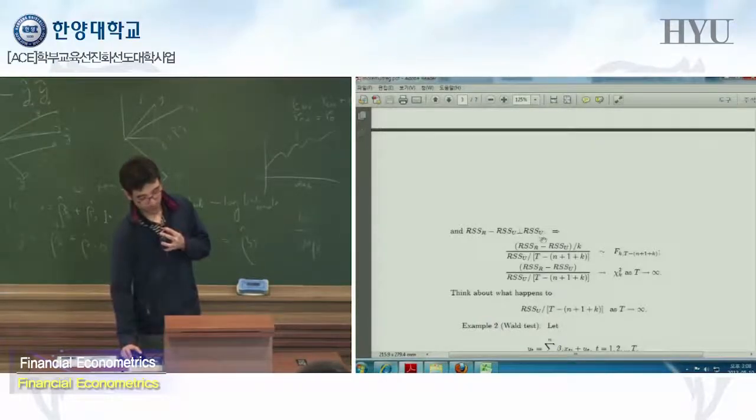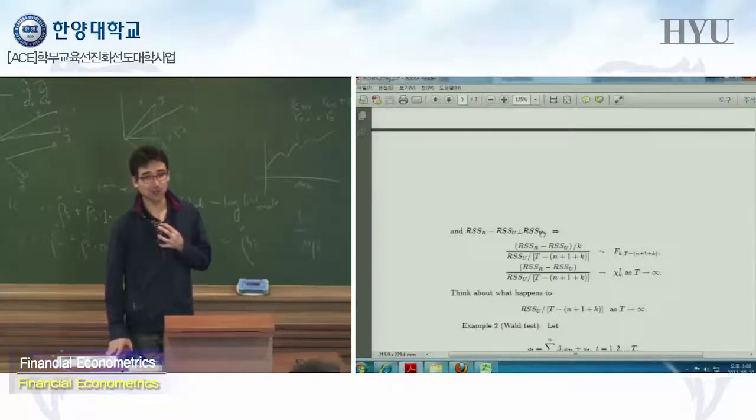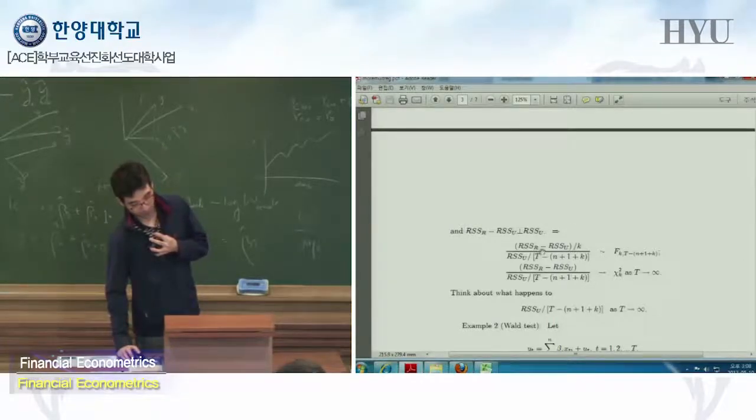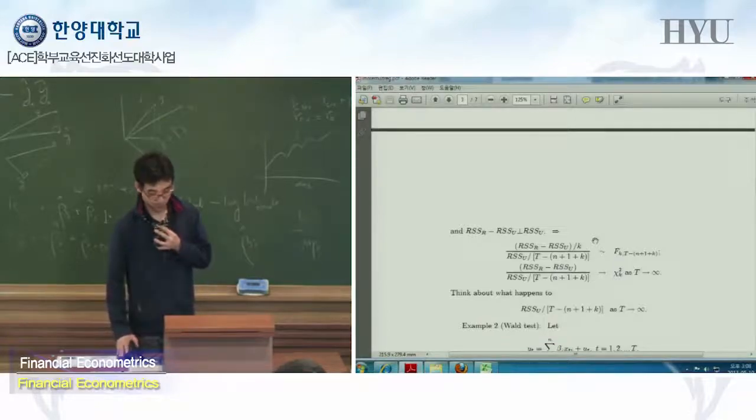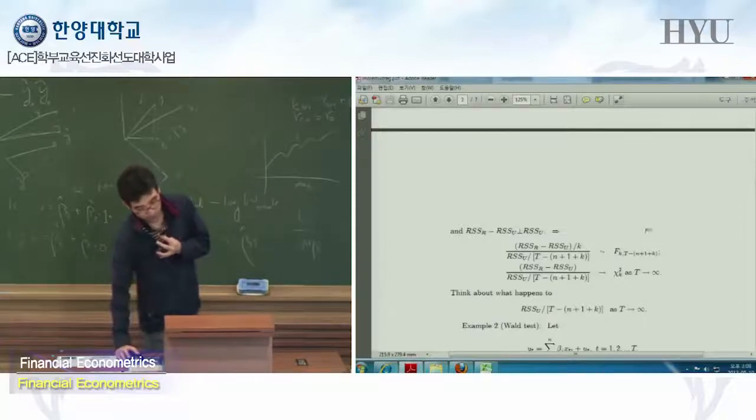Since the ratio of two chi-square distributions is an F distribution, this means that RSSR minus RSSU divided by K, and RSSU divided by T minus N plus 1 plus K, should follow an F distribution with degrees of freedom K and T minus N plus 1 plus K. But again, by the property of the F distribution, if we have a large number of observations, then you can simply drop K, and this entire expression should follow a chi-square distribution with degrees of freedom K.